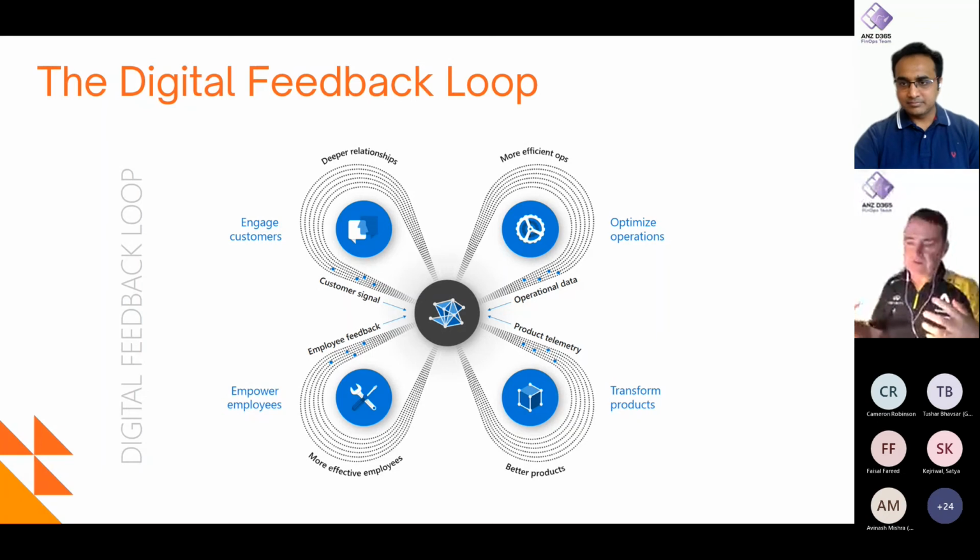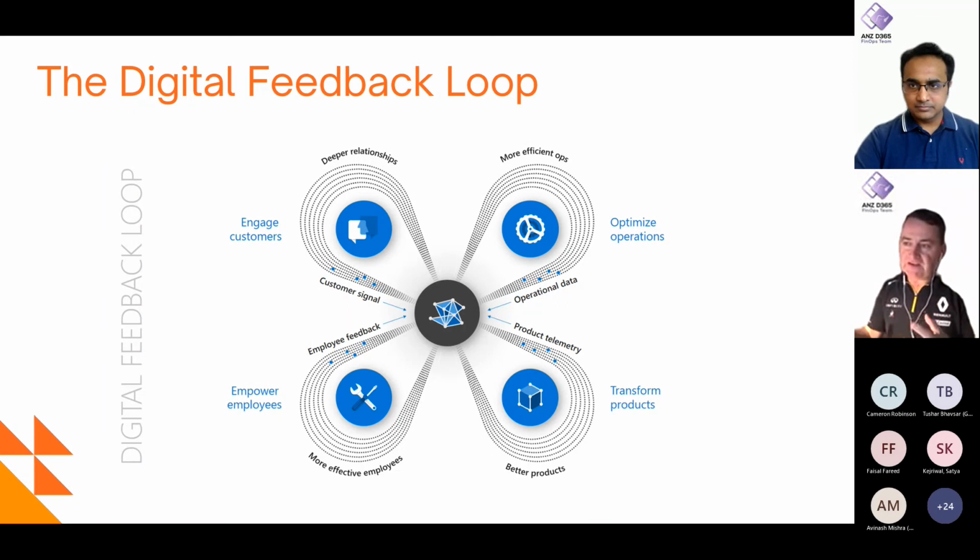But then at the center of it all is data. There's a system that's collecting data from all of these parts of the business. But the people that work in these parts of the business need feedback. They need real-time insights into the part of the business that they work in. The reason for bringing this up is because we're going to talk about business events and their role in the business process.